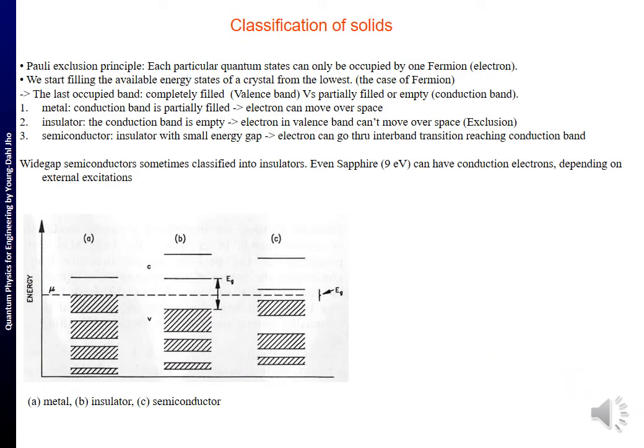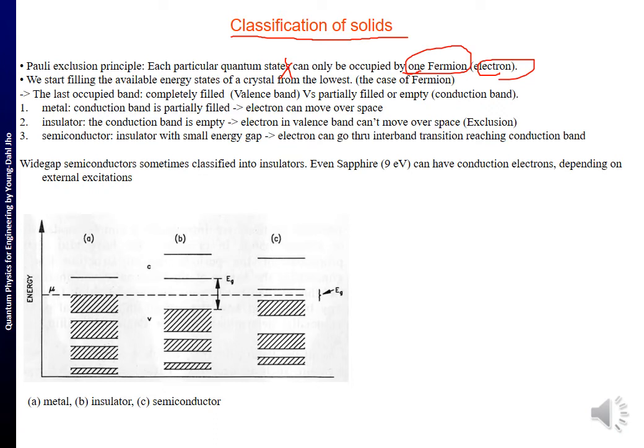So in this regard, we can consider the classification of solids. The Pauli exclusion principle says that each particular quantum state can only be occupied by one fermion. An electron is a fermion.